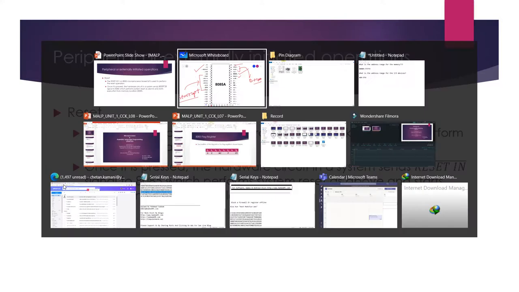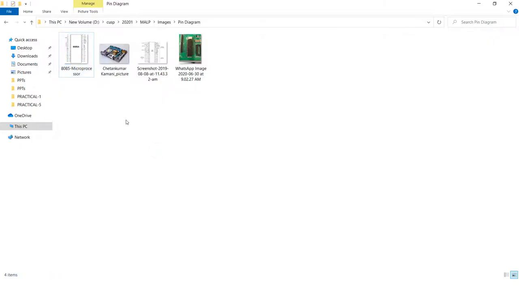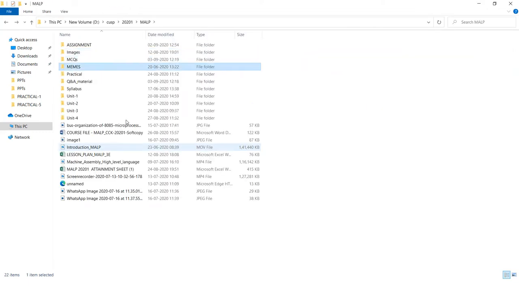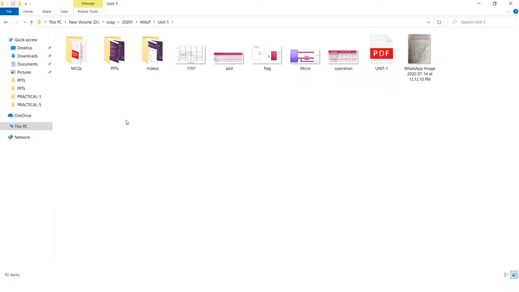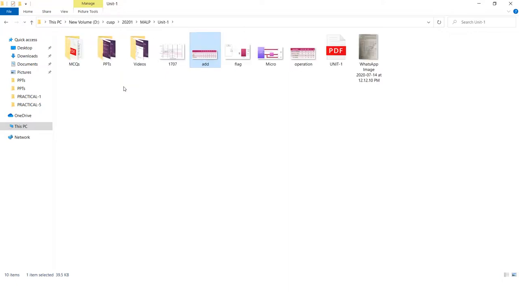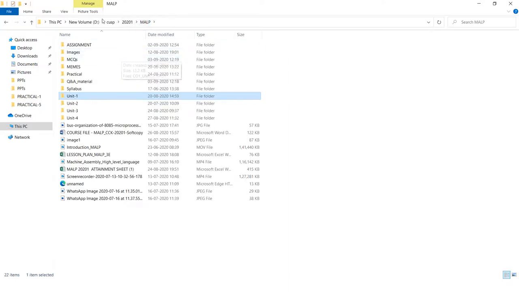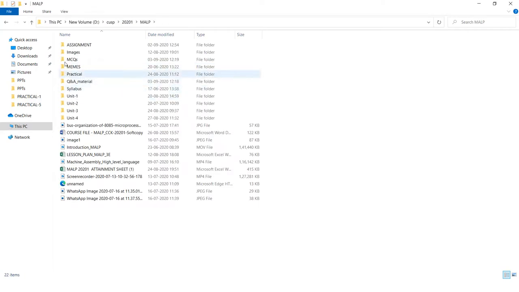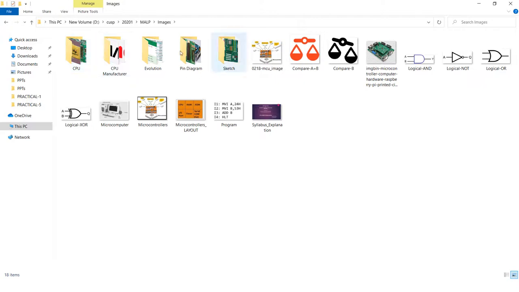Okay, let us look at the where is reset key. Wait, okay, where is reset key images?